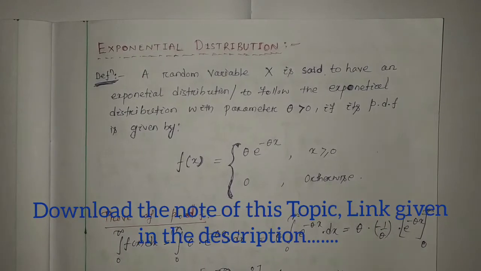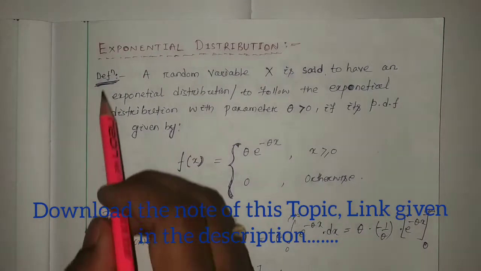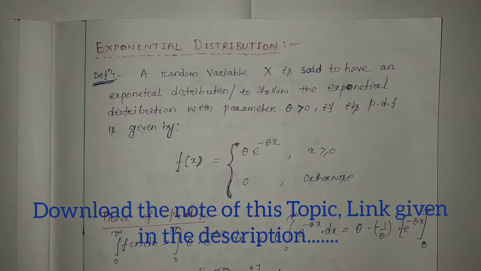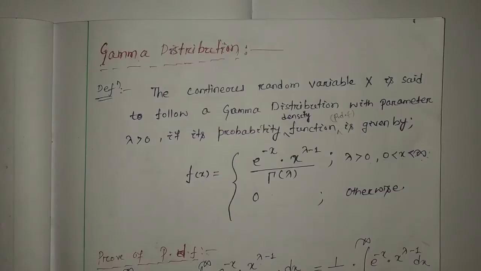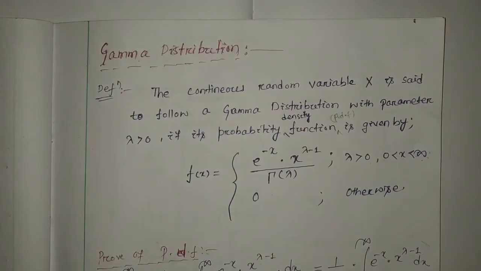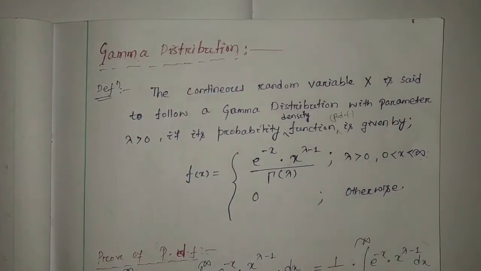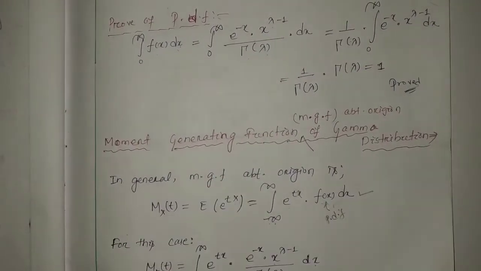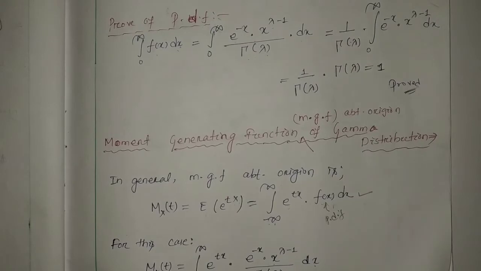In this class, we are going to discuss the exponential distribution. In our last class, we discussed in detail the gamma distribution. This is the PDF of the gamma distribution. We discussed the moment generating function of the gamma distribution about the origin.